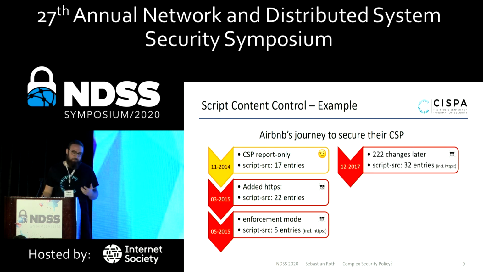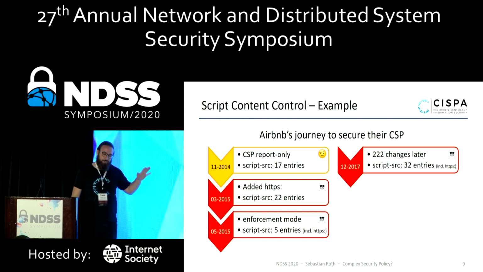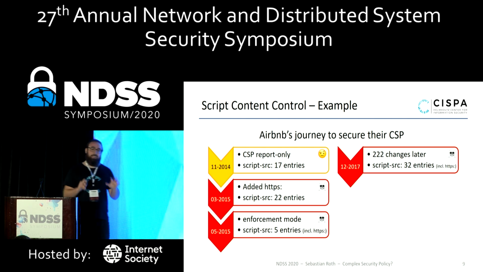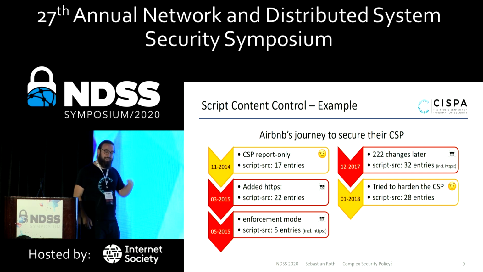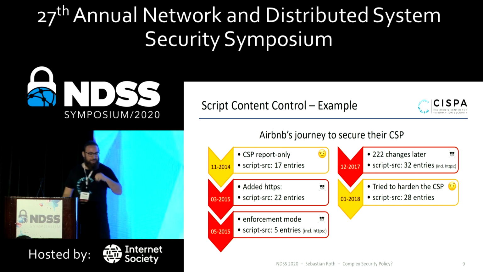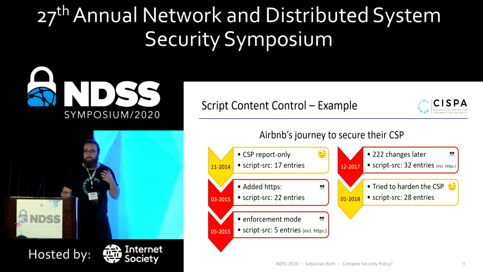Then 222 changes later, in December 2017, the whitelist has grown, but the HTTPS schema is still one of the whitelisted sources. At that point in time, they started experimenting with a secure report-only policy on single days. And in January 2018, they had a first try with their new and sane policy in enforcement mode. However, after less than 1 day, they added the HTTPS schema again, probably due to some fatal errors that occurred in their application.